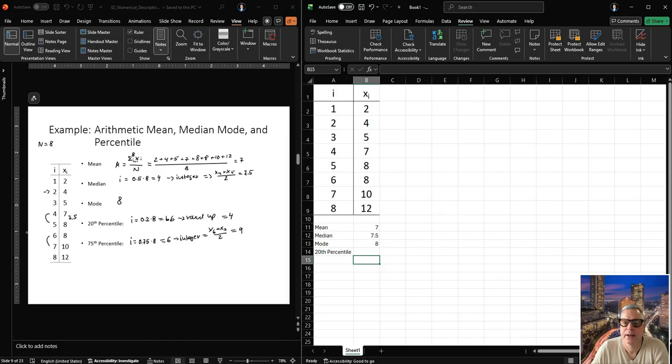And so let me write that here. Excel formula for percentiles.